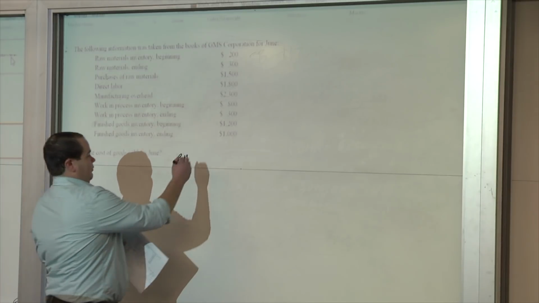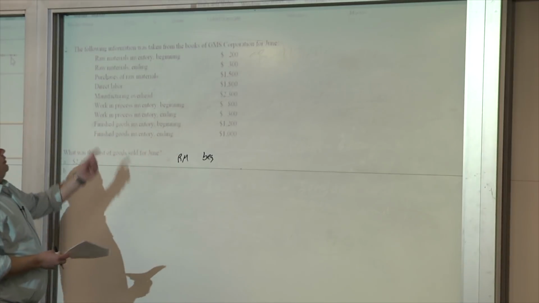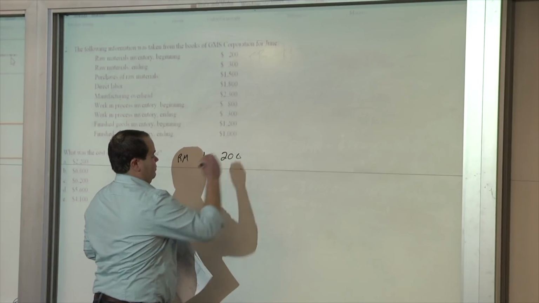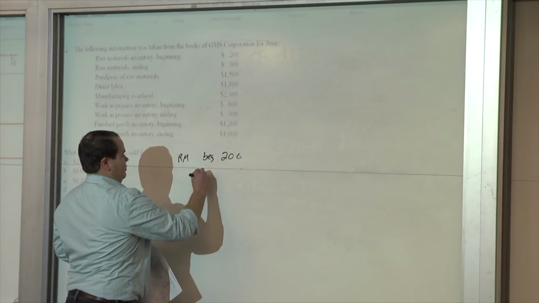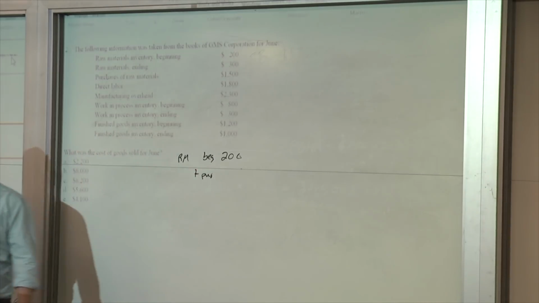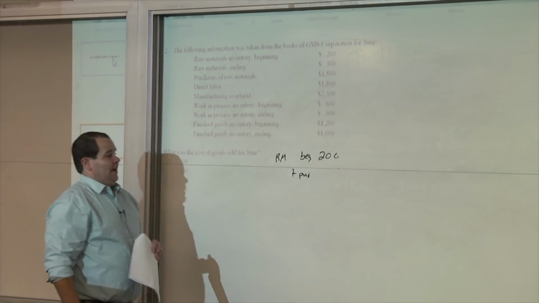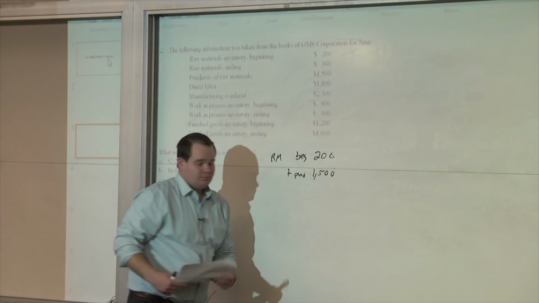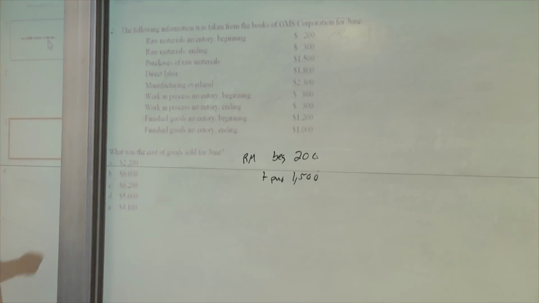So our raw materials, what was our beginning balance? It says 200. So equation 1, raw materials beginning was 200. What did we do? We purchased some more. How much did we purchase? 1,500. Okay, so we purchased 1,500. However, at the end of the year, there's still some in there.